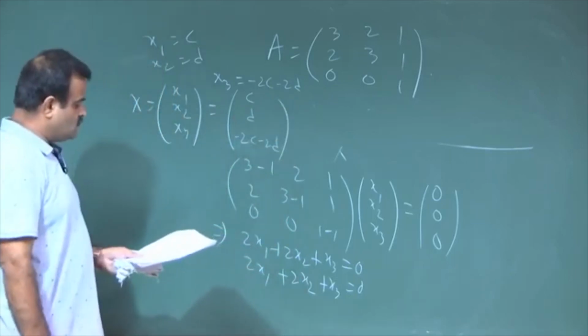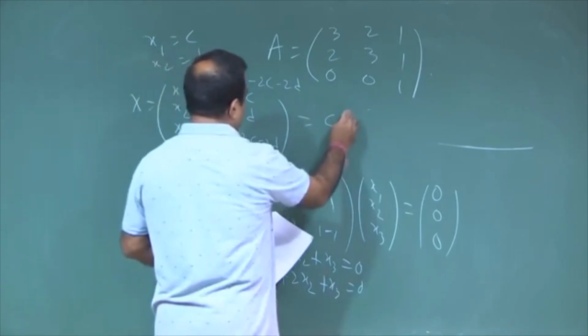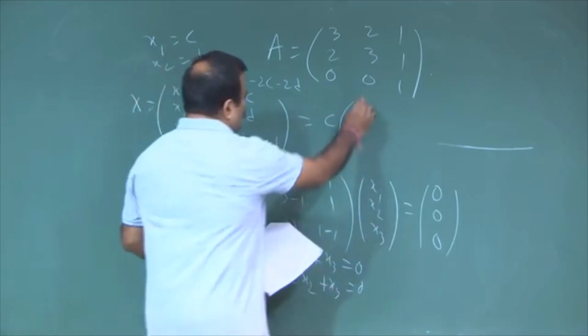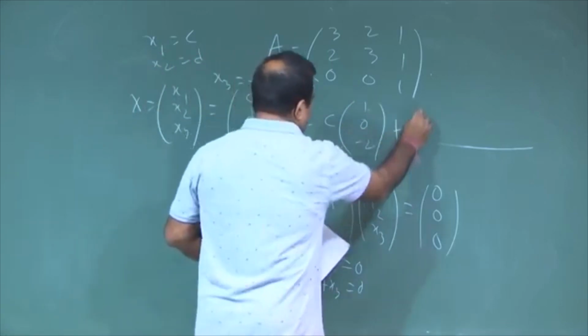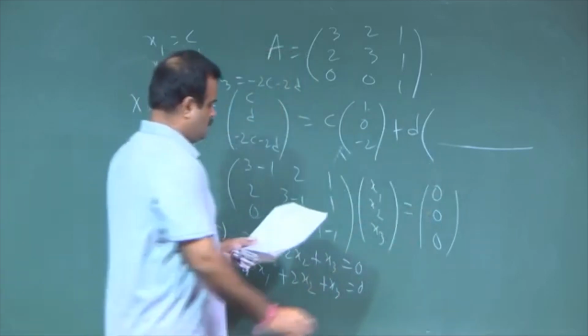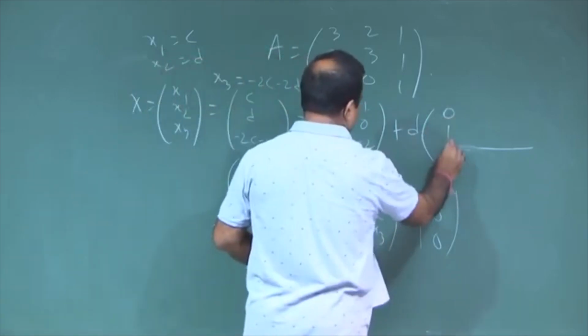So, that means it has two dimensions: c times 1, 0, minus 2 plus d times 0, 1, minus 2.